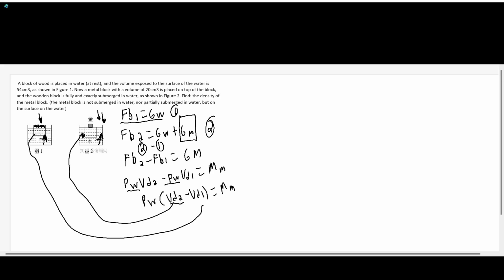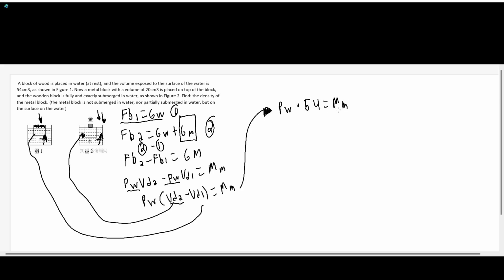The section in the water plus the top 54 is equal to the whole section. So the whole section minus the section in the water is equal to the top section, which is 54 centimeters cubed. So we have rho of the water times 54 is equal to the mass of the metal.